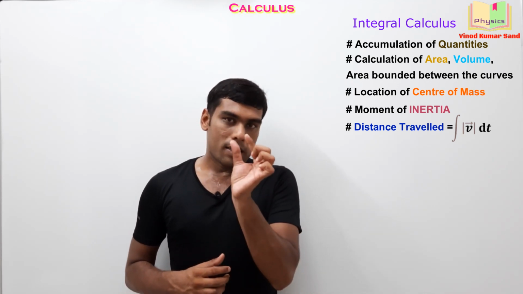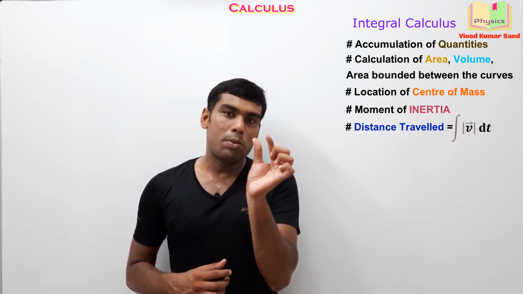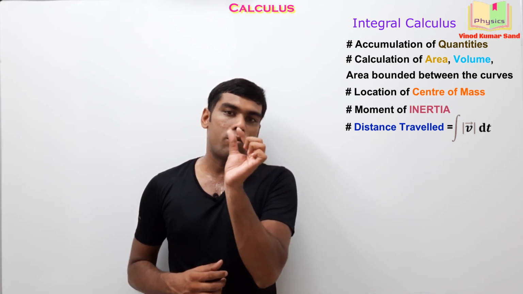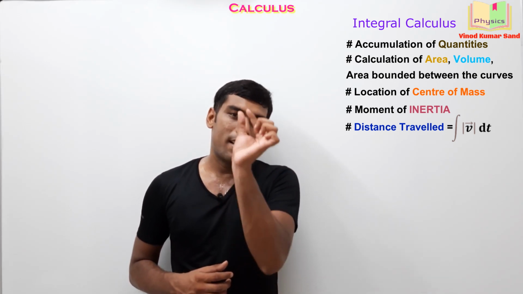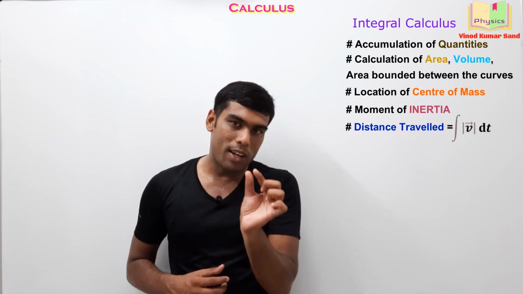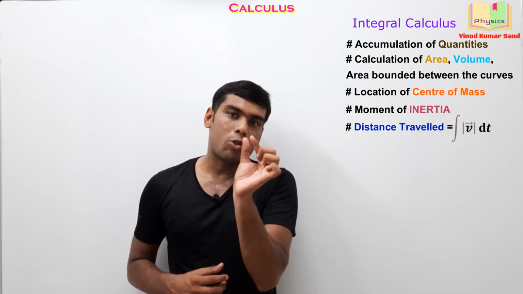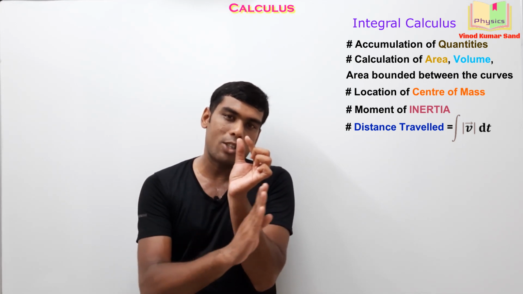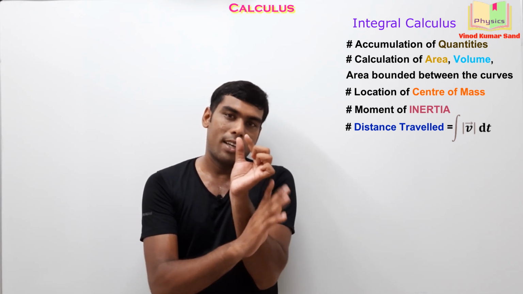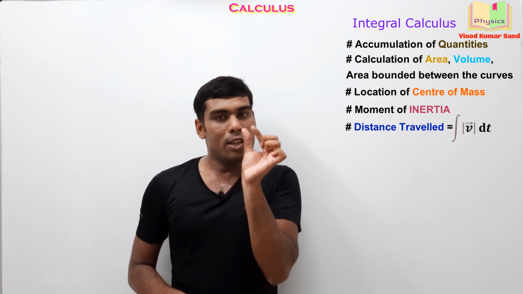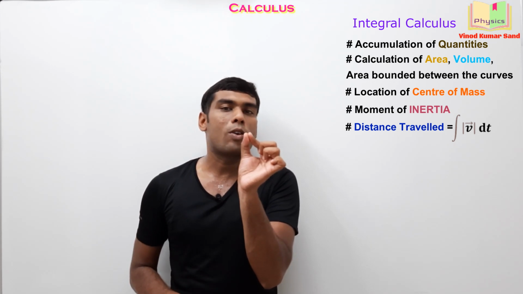What you do is the given interval is broken into very small time intervals. And in that small time interval, can you assume the speed of the car to be constant? Let's say infinitely small time intervals we are taking. So in that small time interval, you can assume the speed of the car to be constant.